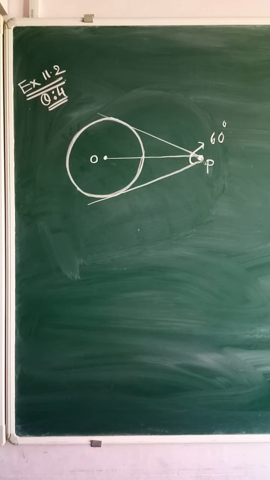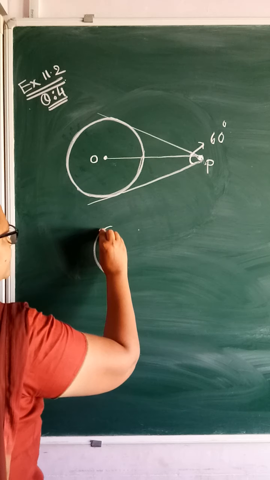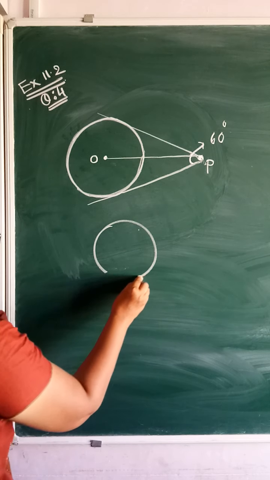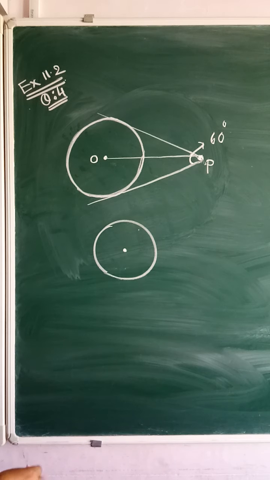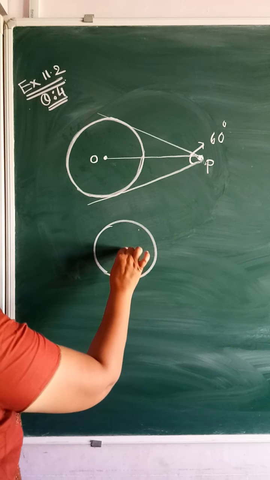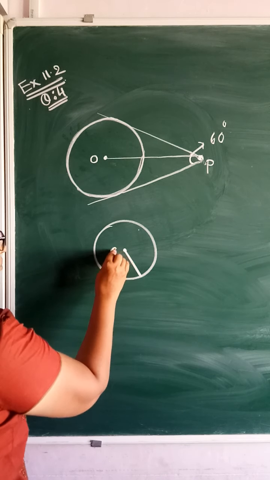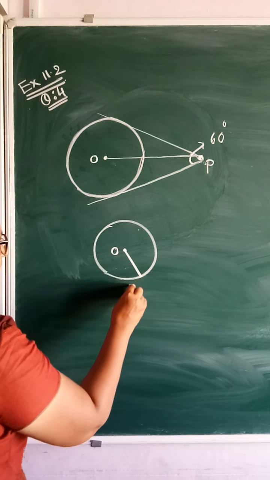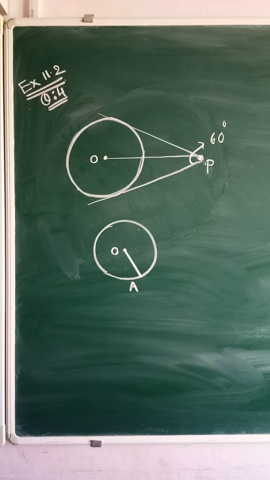Directly we cannot draw, then how will we draw? So first let us draw a circle of radius 5 centimeter. This is the center of the circle. Suppose this is center O and point A is on the circle, so OA is a radius.